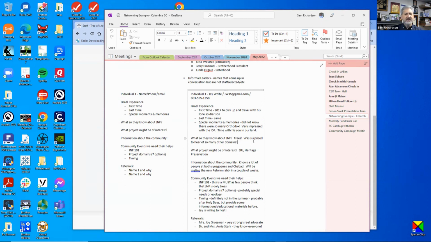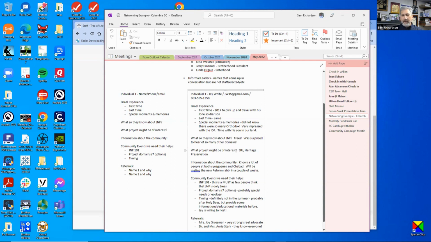It is a pass through, and we understand that your money is going there, and we are transparent at JNF. You will know that your designation is going to that project. So that builds a little bit of rapport and confidence in the product as well. So as you're talking about Israel, what they know about JNF, make notes of what project might be of interest.